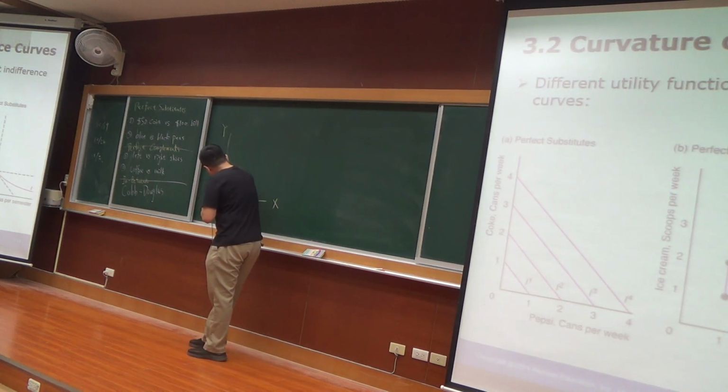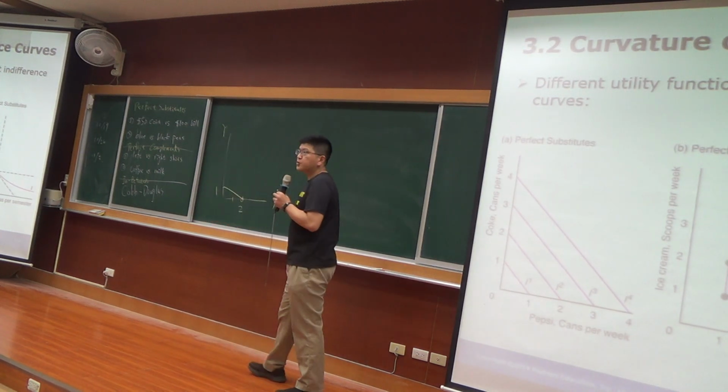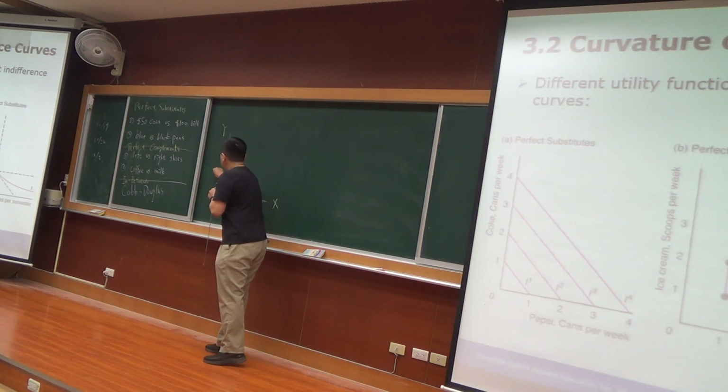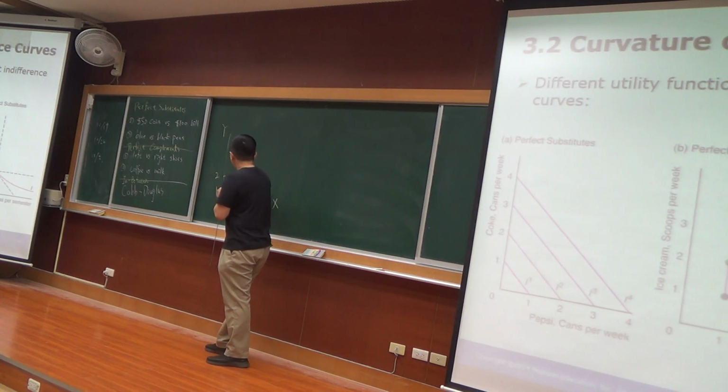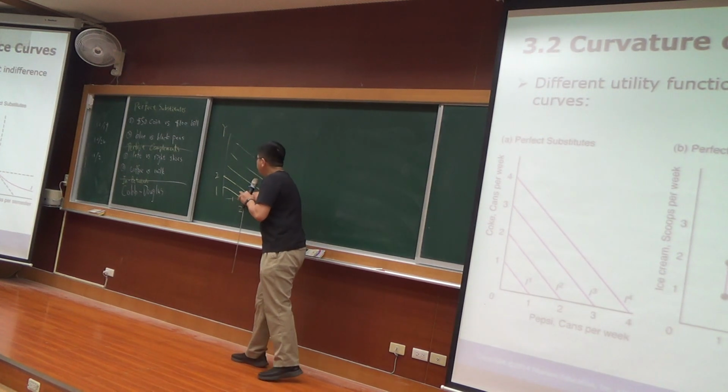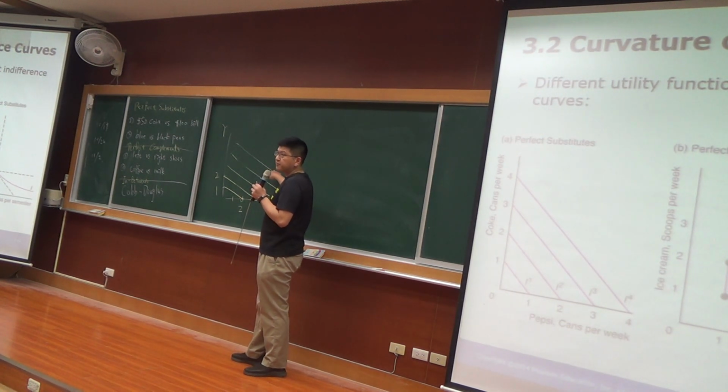So the indifference curve should be a straight line, like this. And if this is 2 and this is 4, we have other utility levels, or indifference curves, right?